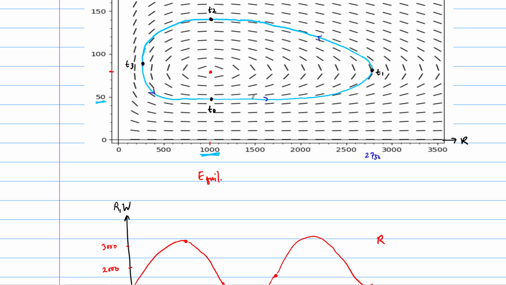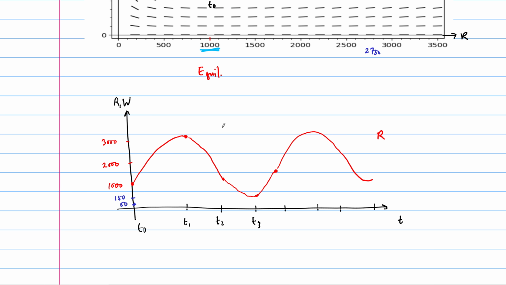It increases, then decreases. So this one's going to be something like this. It's not great, right? But this is the wolf population.